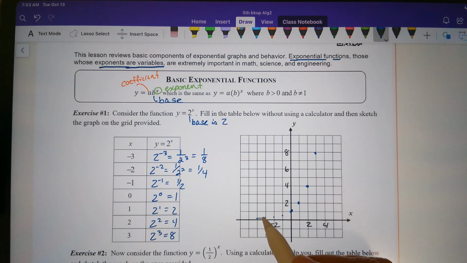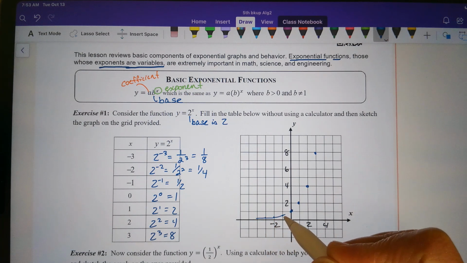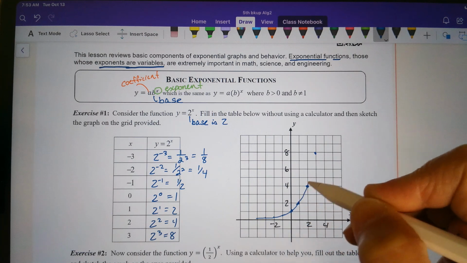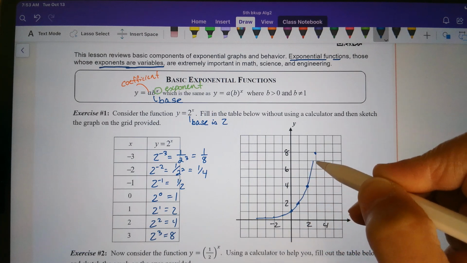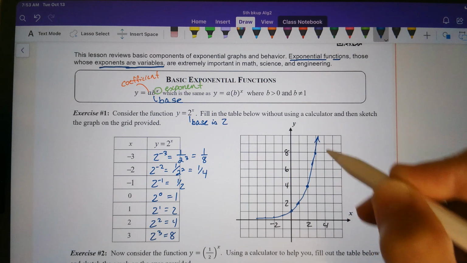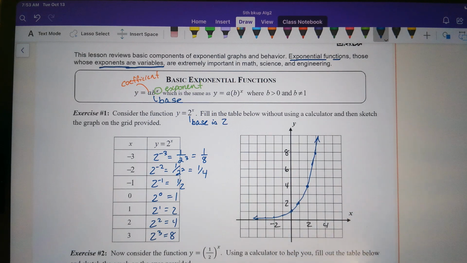All right, so we connect these points. Nice smooth curve, and this is free-handed. It is not with a straight edge. This is free-handed. It's a nice smooth curve.